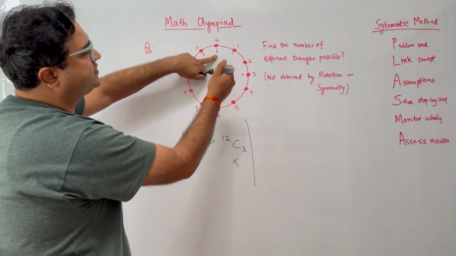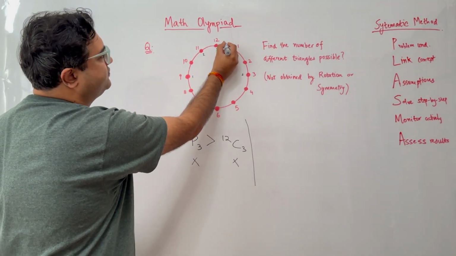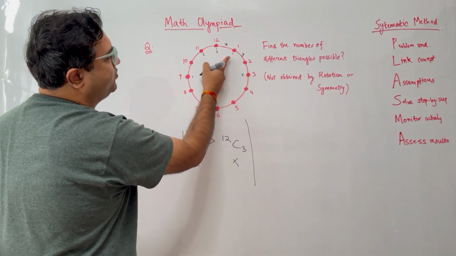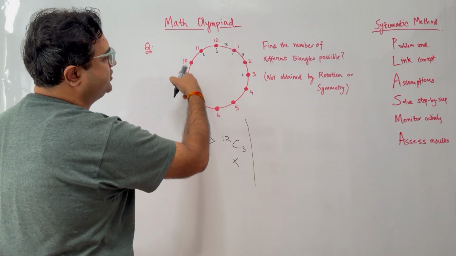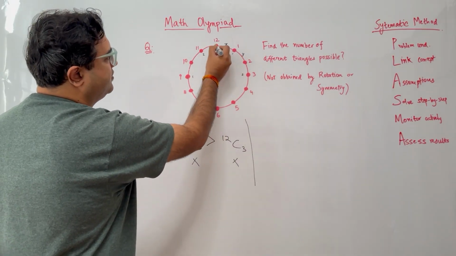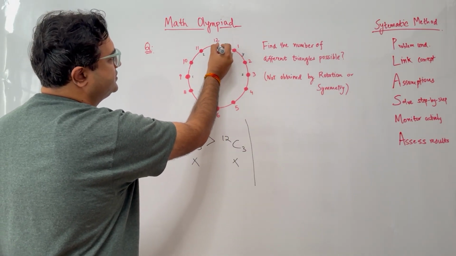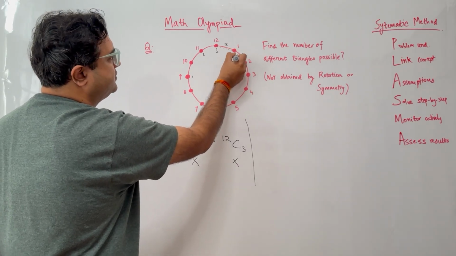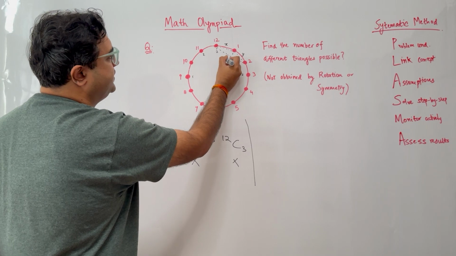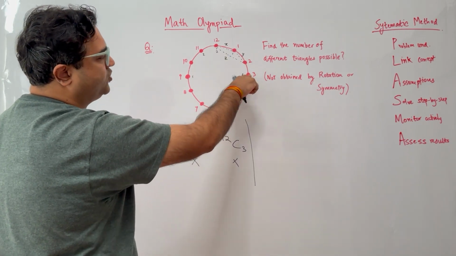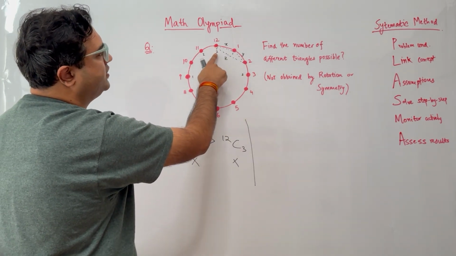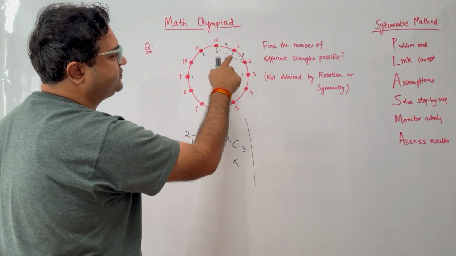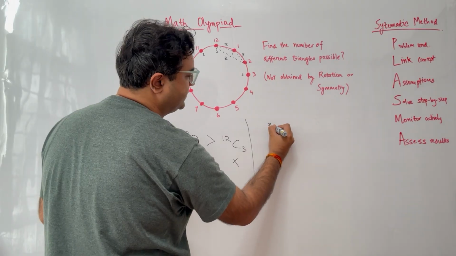We can consider that this is a length x, this is a length y, and from 2 to 12 we take this whole length, z. But z corresponds to the whole arc. x corresponds to the 12 to 1 arc, y corresponds to the 1 to 2 arc. So this is an x, y, z set.